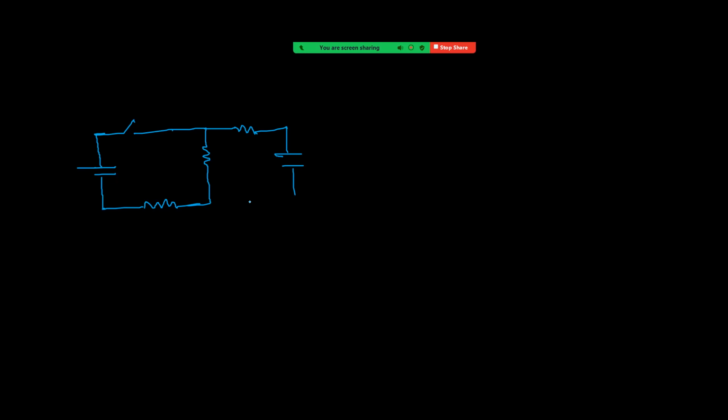And this is now capacitor. So this is now switch. I think all are equal, right? R. And this is now capacitor, point A and point B.